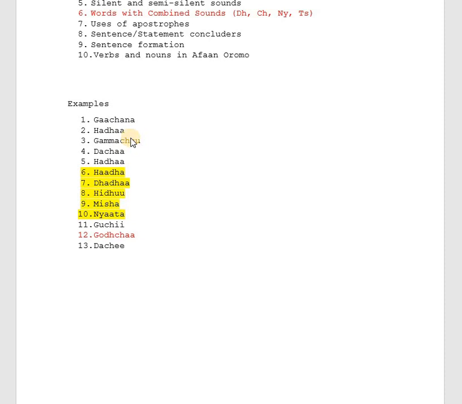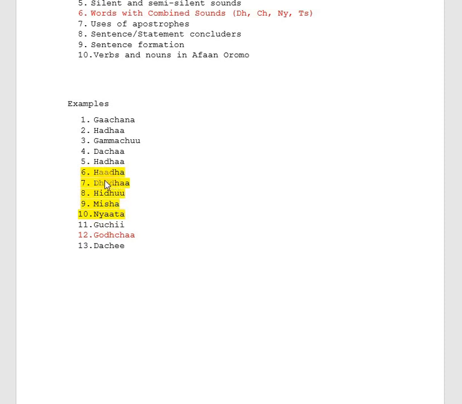But as we said, not all of them are strong. Like hadha, it's not strong. Dadhaa, it's not strong. Hidhu, not strong. Misha, sha is not strong. Nyata, nya is not strong.